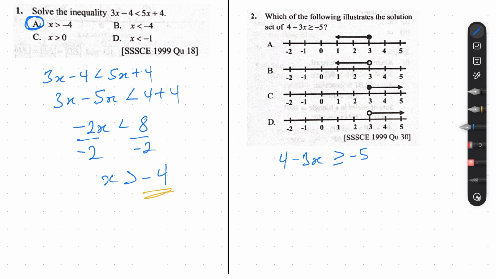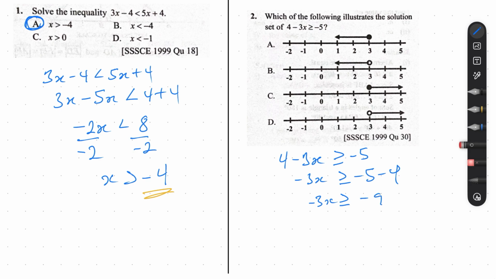So what we can do is group like that. This 4 will go here. So what do we have? We have negative 3x greater than or equal to negative 5 minus 4. So we have negative 3x greater than or equal to negative 9.